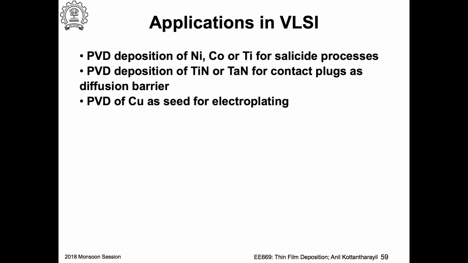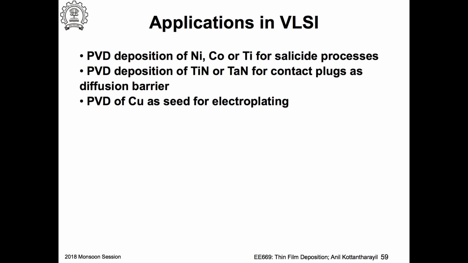So we would discuss some applications of PVD in VLSI. The first process that we are going to discuss is something that you can see as a very easy process, right? You have a PVD deposition of titanium nitride or tantalum nitride for contact fluxes or diffusion barrier.